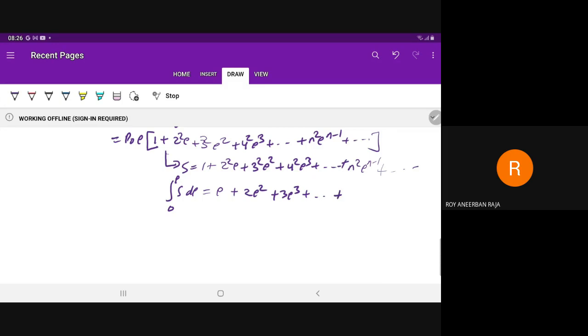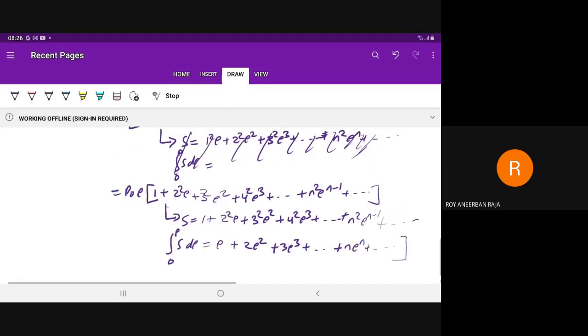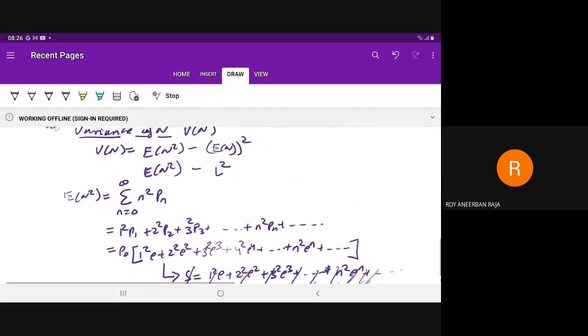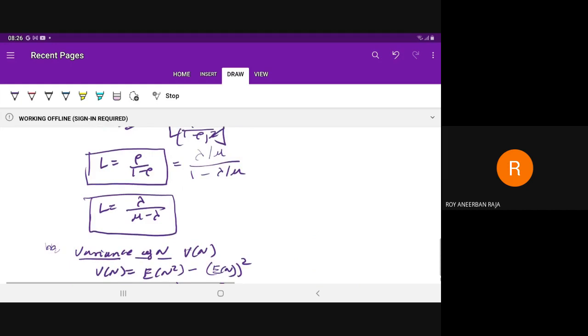Similarly, the nth one will give you rho to power n upon n, so n and n cancel out, and it will be n into rho to power n and so on. If you compare the right hand side, what is the value of this right hand side? Just you have solved this.